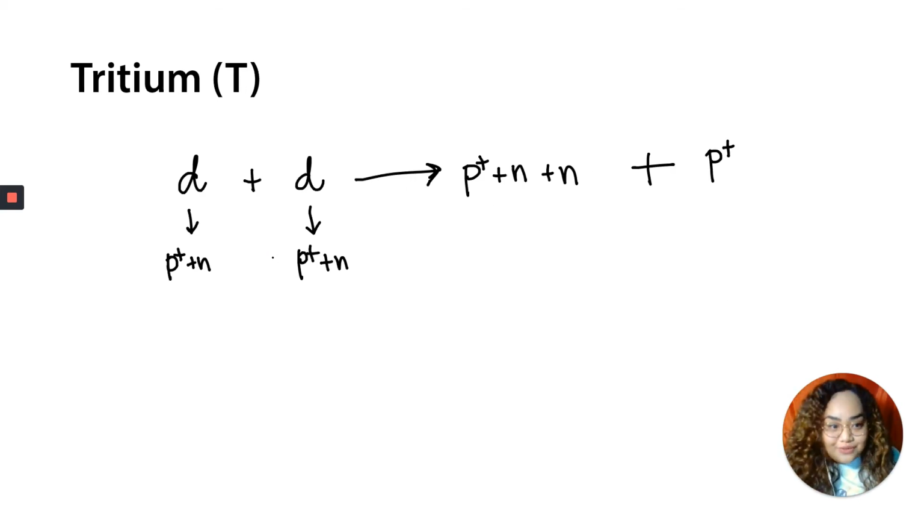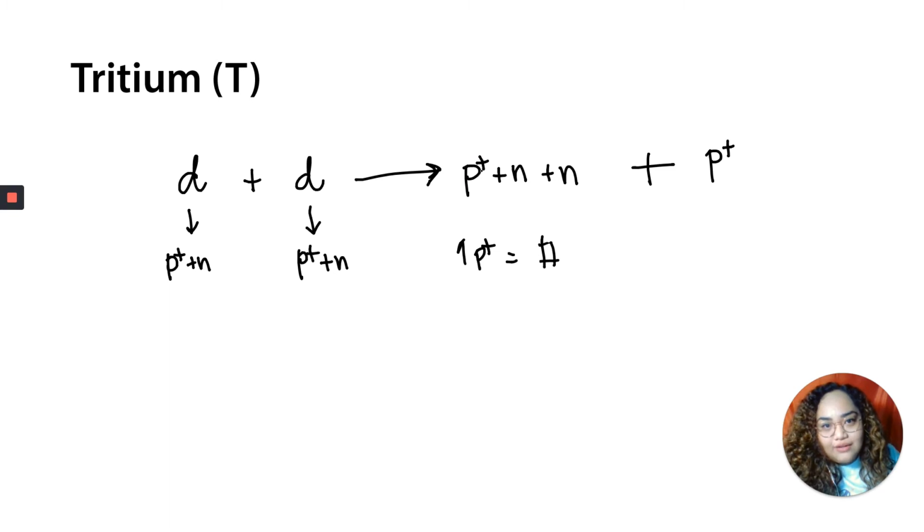Tritium is also an isotope of hydrogen. Why? Because how many protons do you see here? There's only 1, right? So 1 proton will be atomic number 1, and that is hydrogen. Now, how much mass does it have?